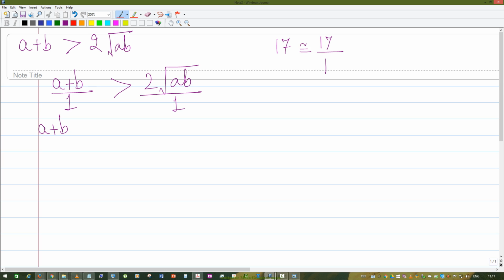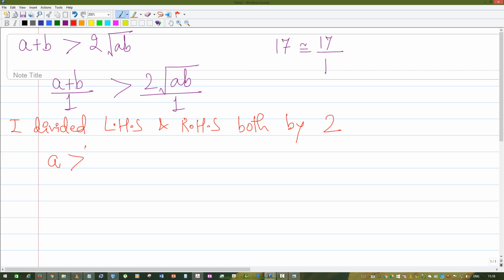So it resulted in a plus b upon 2 is greater than, or you can equivalently say that I divided LHS and RHS both simultaneously by the number 2. And if we are dividing or multiplying by any positive number, the sign of the inequality will not change.